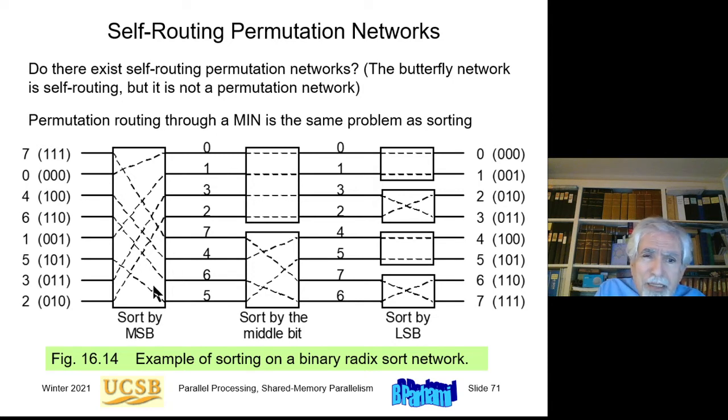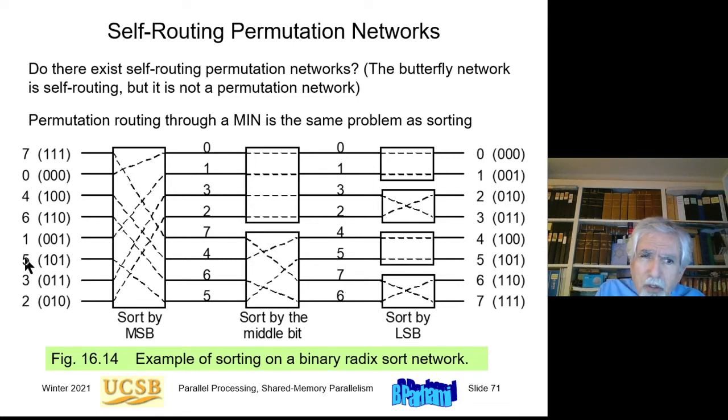Okay, that basically uses what we call classifiers. So a classifier basically takes these 8 inputs, puts the smallest 4 on the top outputs, and the largest at the bottom, in no particular order.